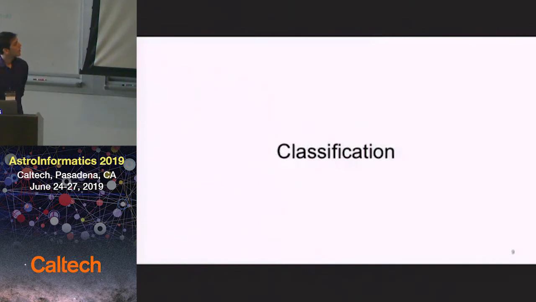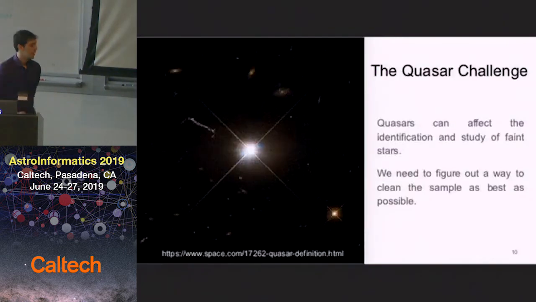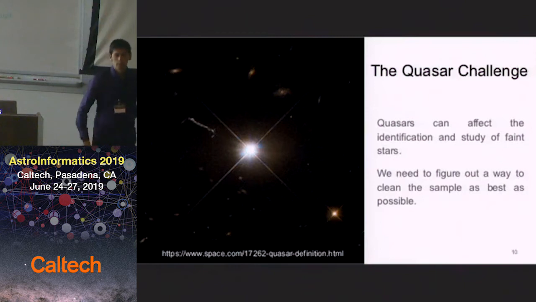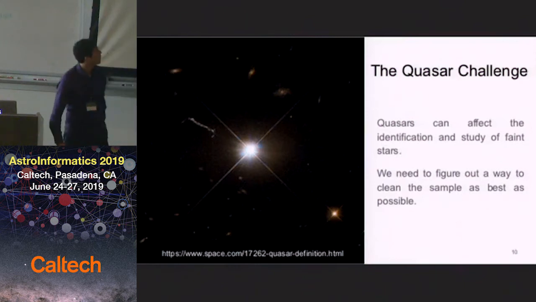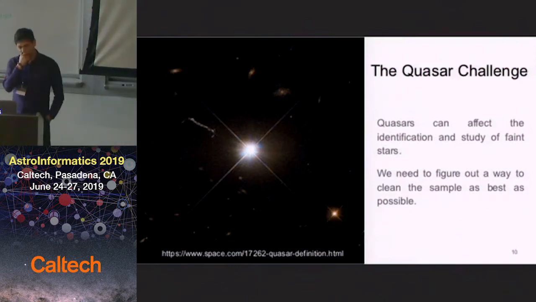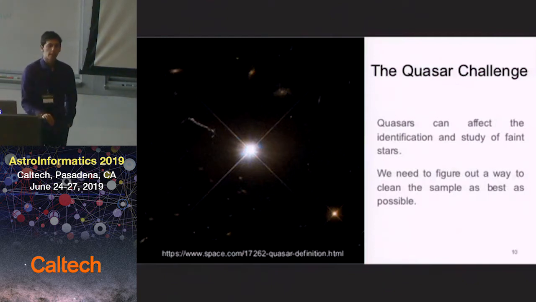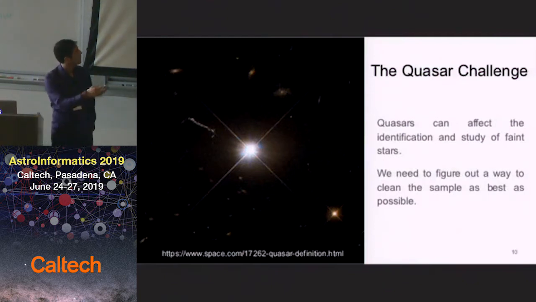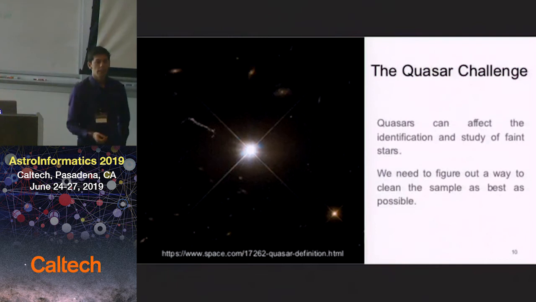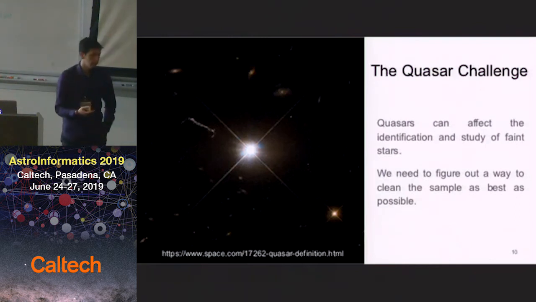So in terms of classification, there's a problem photometrically because quasars can affect the identification of faint stars. Since I'm interested in working with stars, that could be a problem for me.